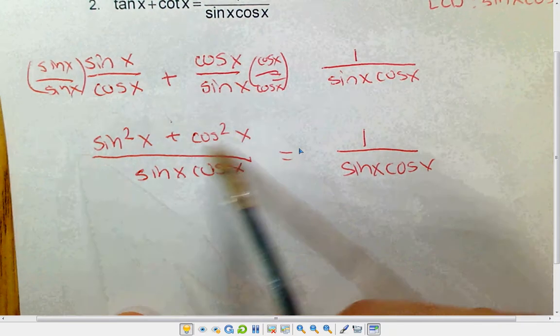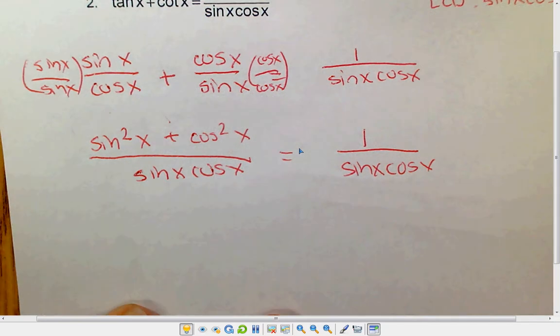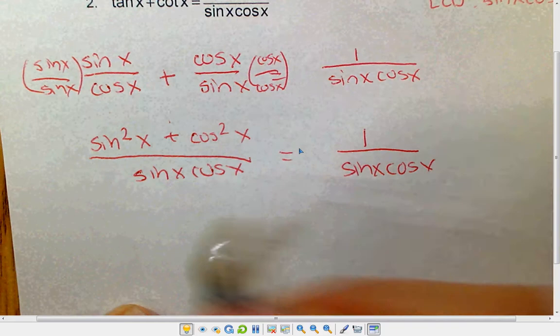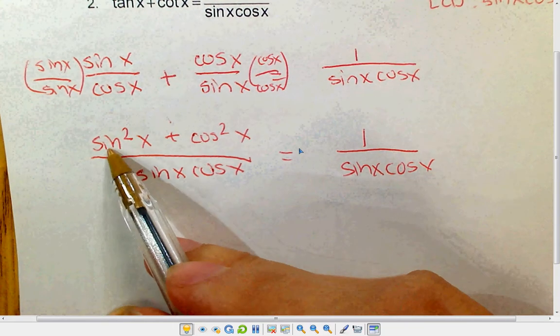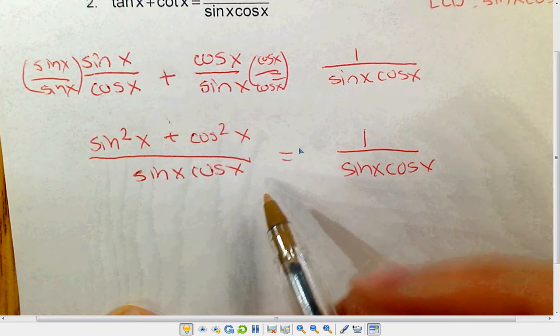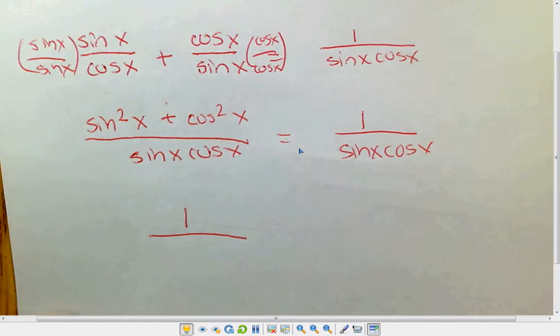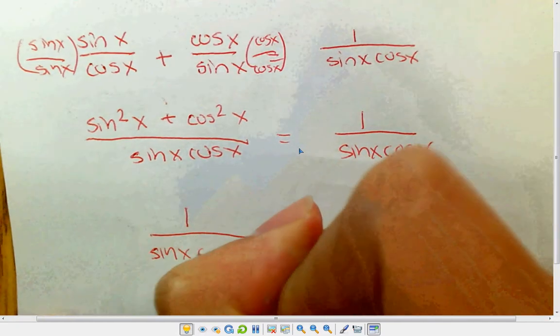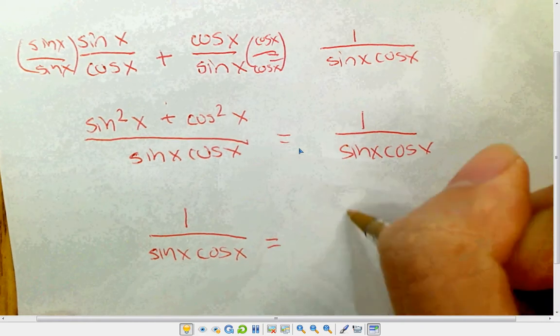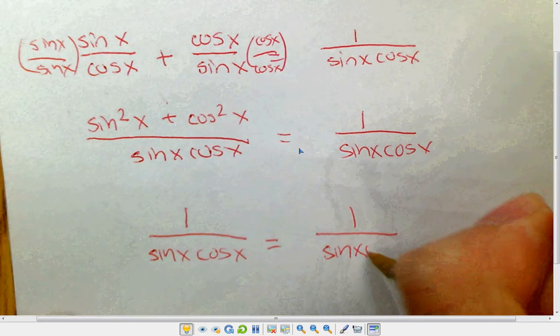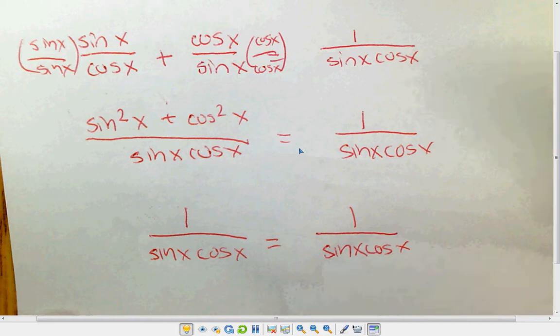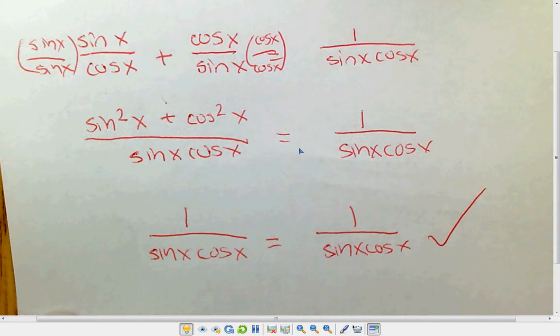Sine squared plus cosine squared we should recognize from one of the Pythagorean identities. One of the Pythagorean identities is sine squared x plus cosine squared equals 1. So because of that, I can replace this entire numerator with just 1. And then I have sine x cosine x. And over here, the right side of your equation, now they are equal. Check, we are done.